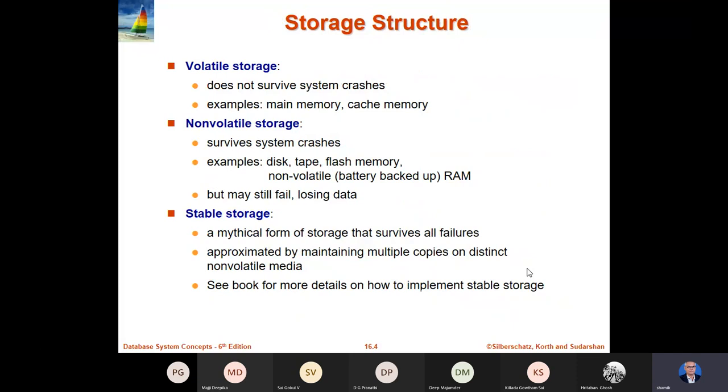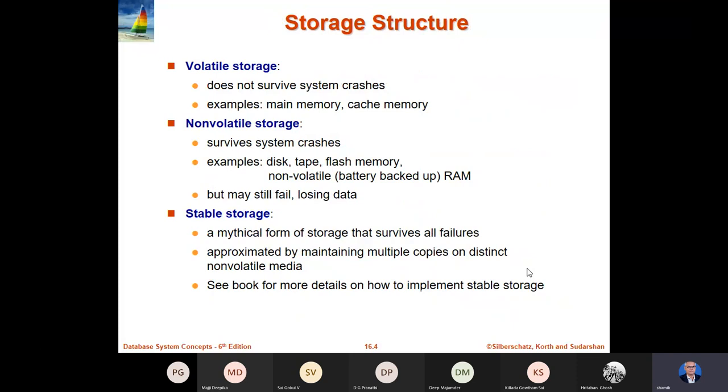For us, stable storage means that if we say something is written to stable storage, the data will survive not only a system crash but also a crash of the disk. So for us, stable storage means a form of storage which will survive a disk crash also.